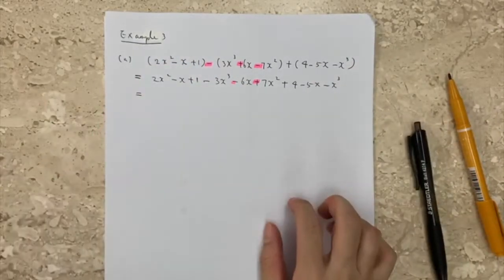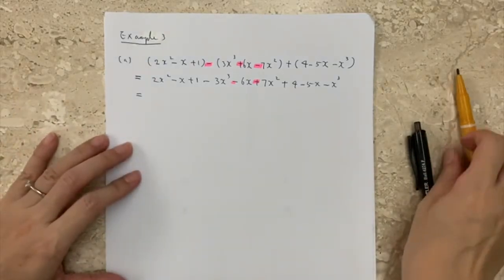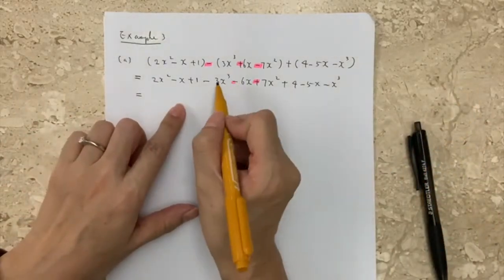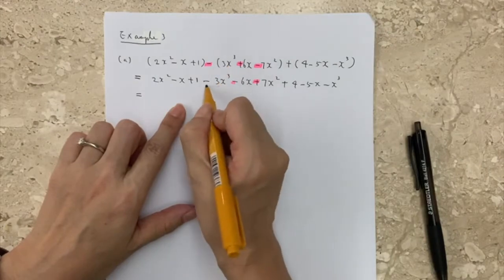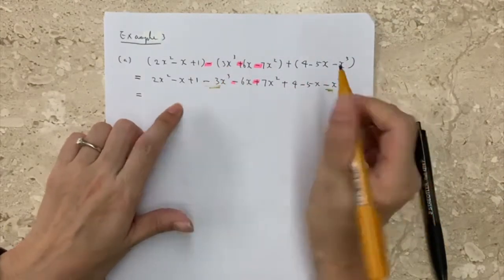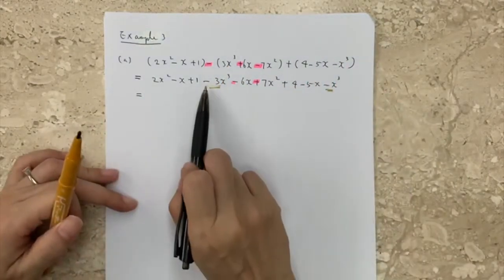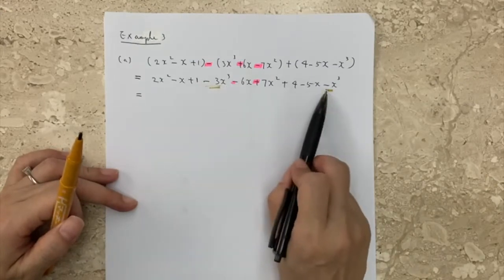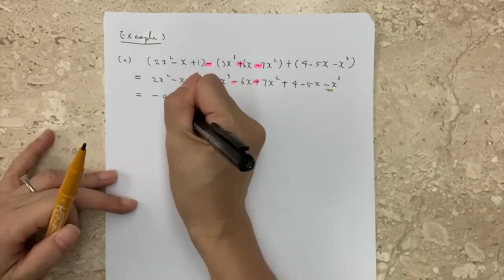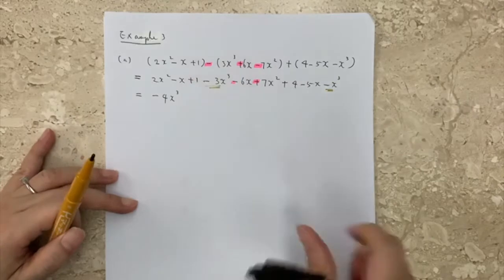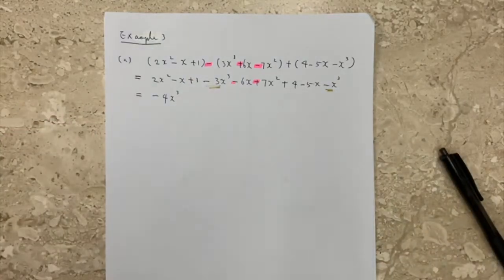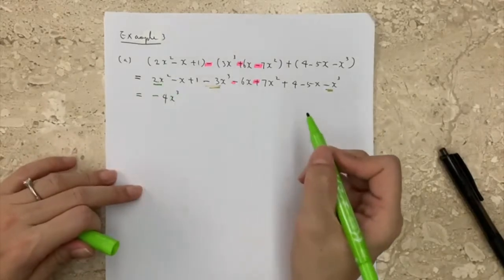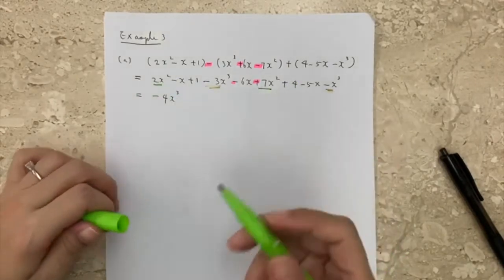All right, so after removing brackets, now we can do collection of like terms this way. Always start with the highest degree, which is x to the power 3. I have minus 3x to the power 3 minus 1, so that will be minus 4x to the power 3. The second highest degree will be x squared. x squared is here, x squared is here, and then no more.